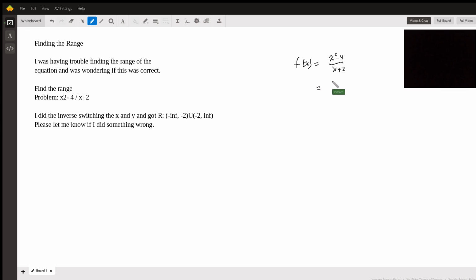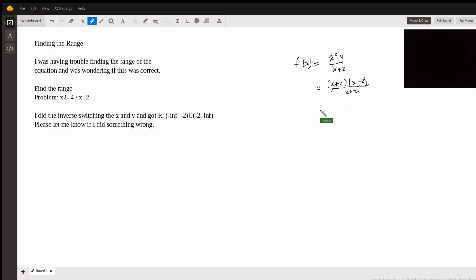The numerator factors as x plus 2 times x minus 2, over x plus 2. And we can cancel these two.